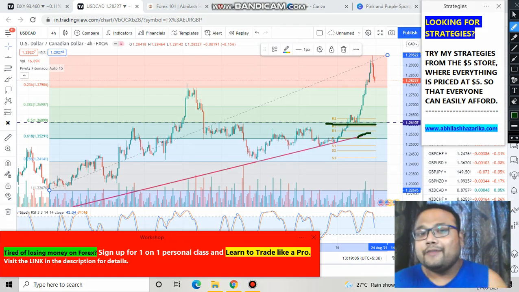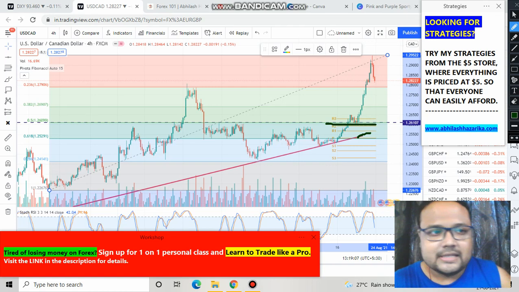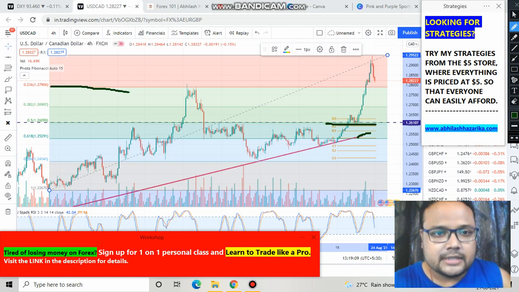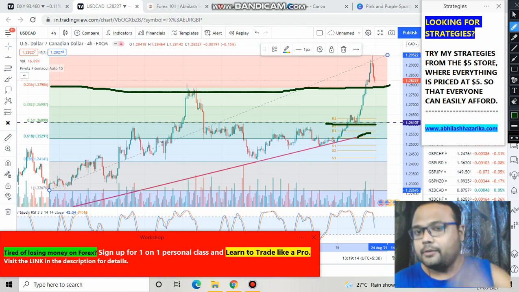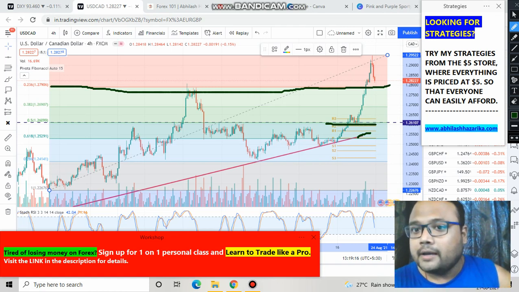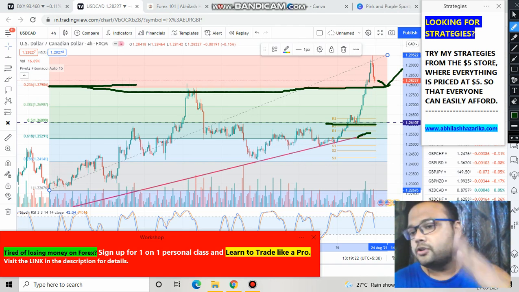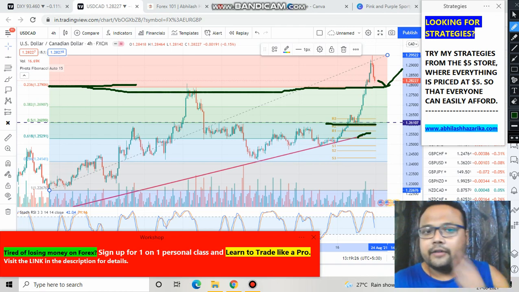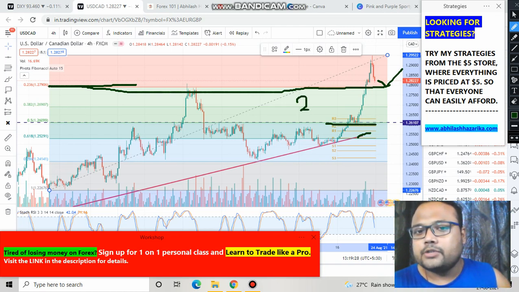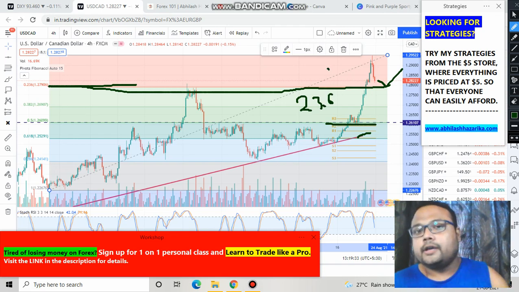So this is the 23.6 level, and listen to me carefully, if you find the market bouncing from this particular Fibonacci retracement level, you can also draw Fibonacci retracement on your charting platform. So if you find the market retracing or bouncing from this 23.6 level on Fibonacci, then also you can go for a buy order.